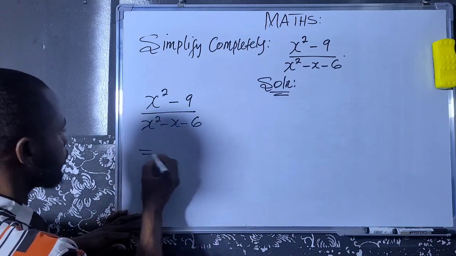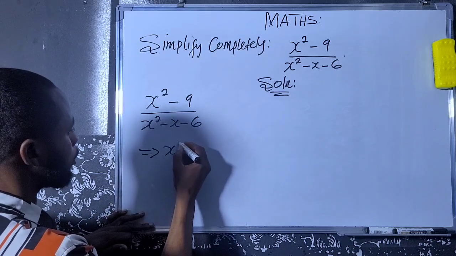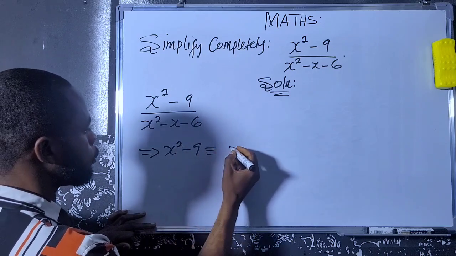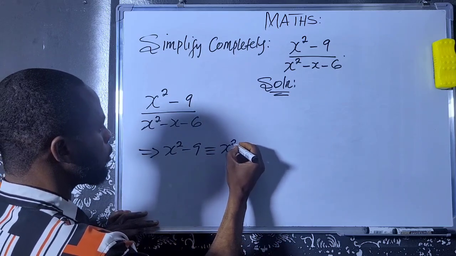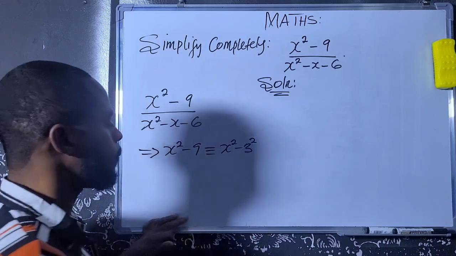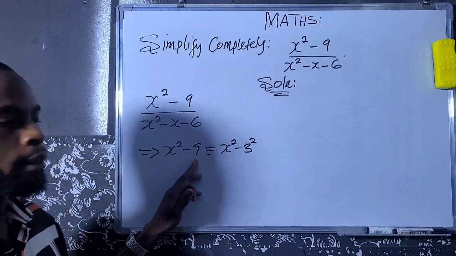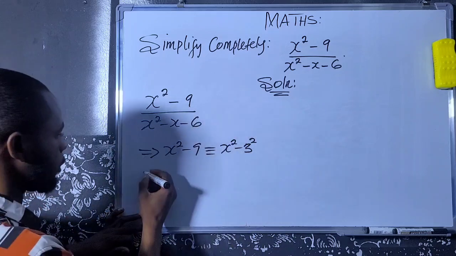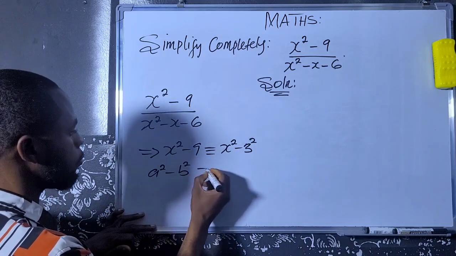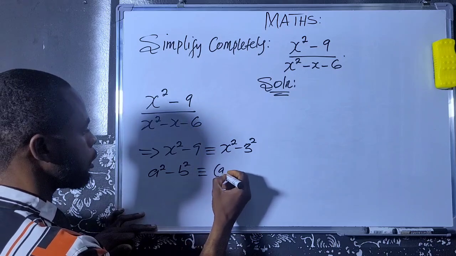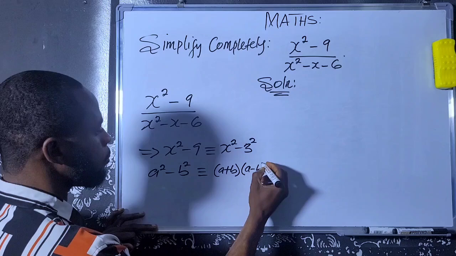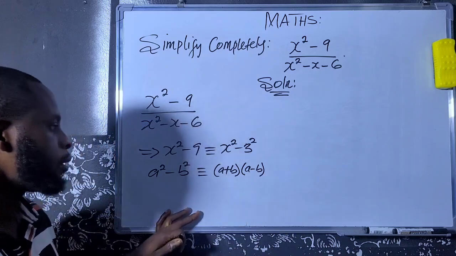And we have this x squared minus 9. This is equivalent to x squared minus 3 squared. 3 squared gives us 9. Then recall that if you have a squared minus b squared, that is equivalent to (a plus b) times (a minus b).